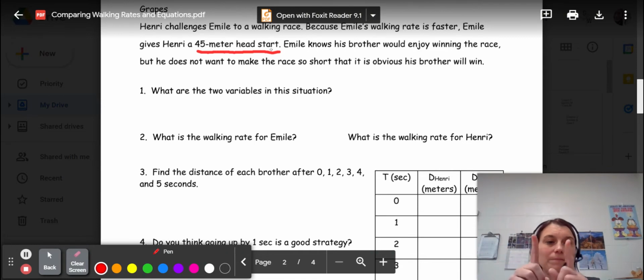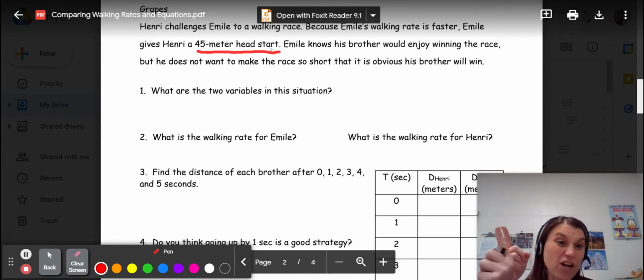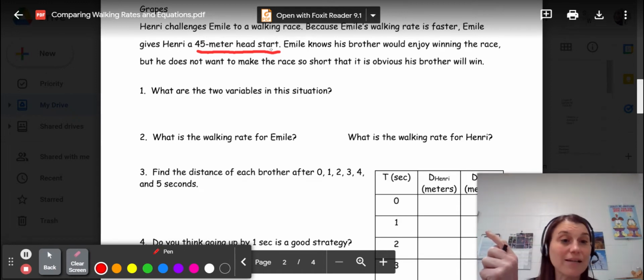So if you can imagine, if this was the starting line, and we're going to go this way. If this is the older brother, he's back here at the starting line and he gives his brother a 45-meter head start. And as they walk, the one brother's faster than the other, so eventually, the faster brother would catch up to the young brother, even though he has a head start.